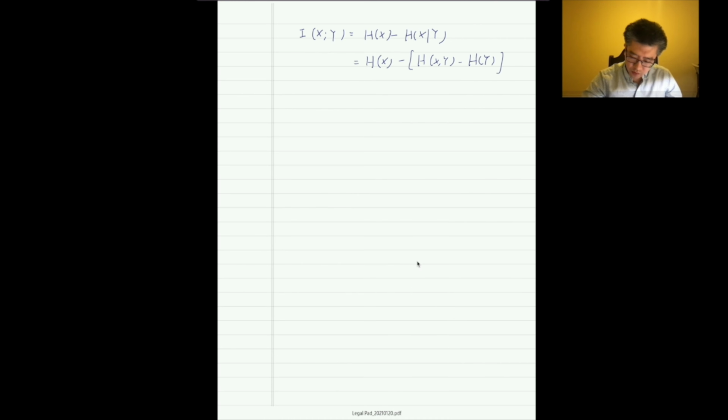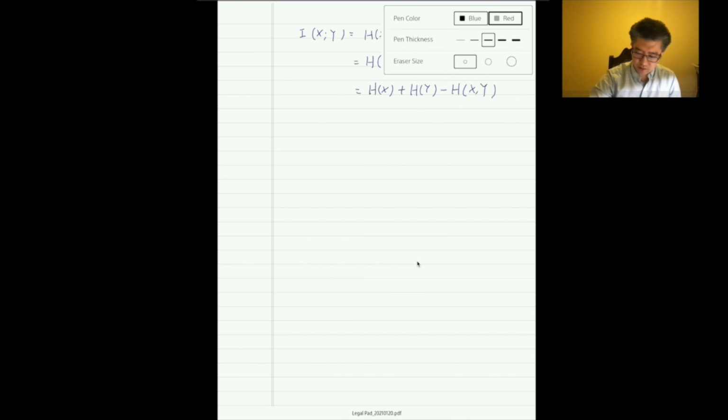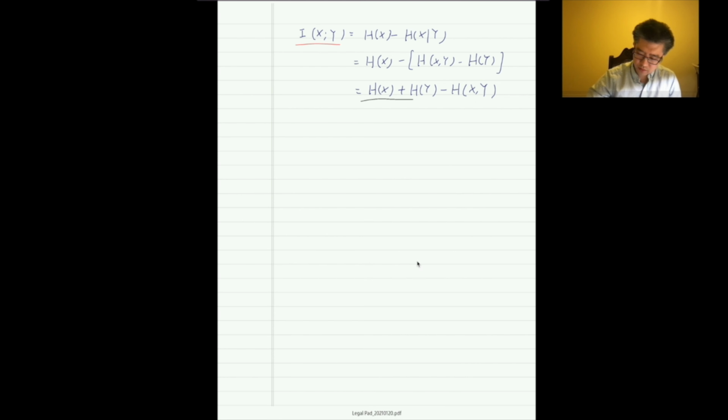So that means the mutual information equals H(x) plus H(y) minus H(xy). So this is basically another formula for mutual information, which might be important.